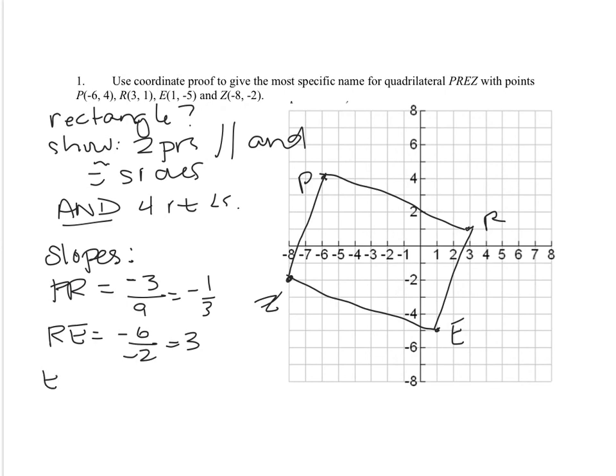The slope of EZ, we go up 3 and to the left 9, so that's a -1/3. And then PZ, we go down 6 and to the left 2, so that's a slope of 3.